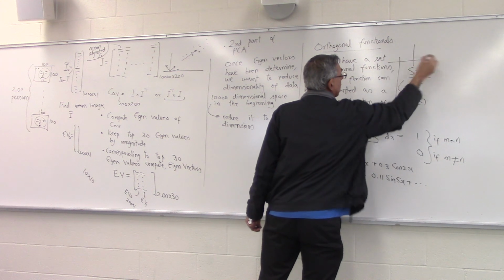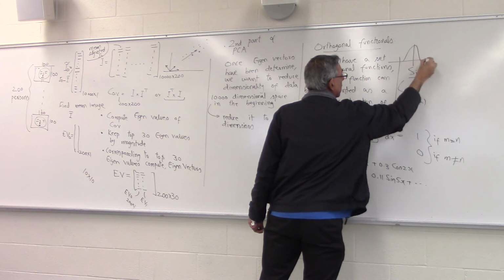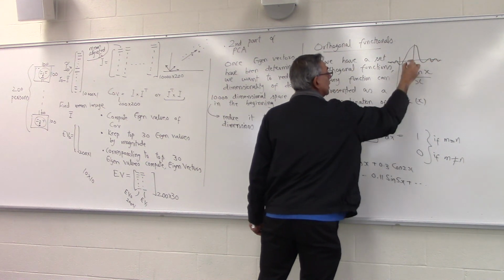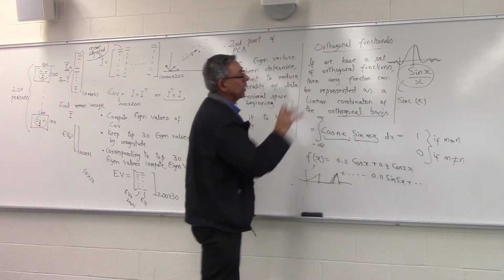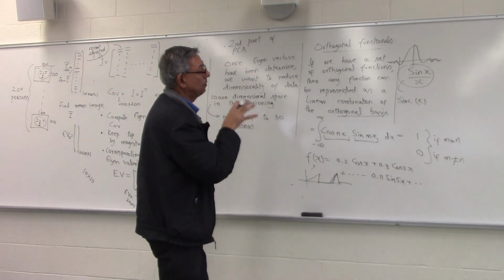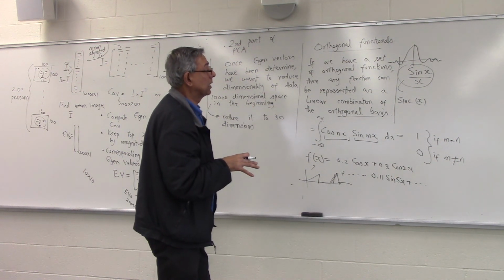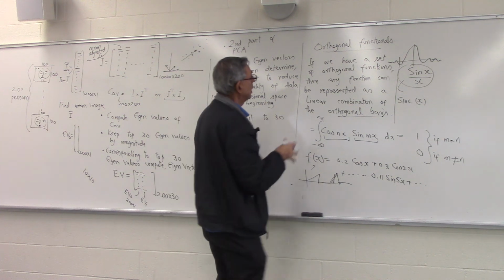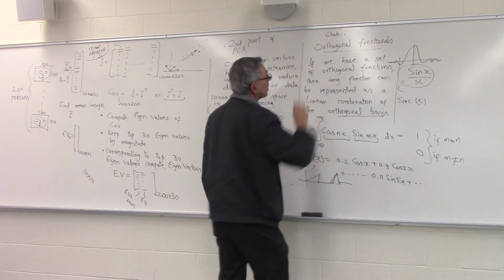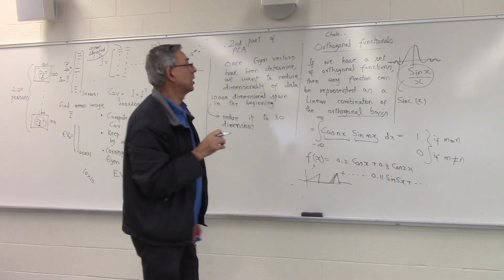If we plot it, it looks like this. If I shift it by m, shifted by n, they also form an orthogonal basis. There are also Chebyshev polynomials, which make a set of orthogonal functions.